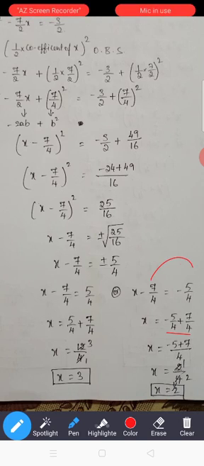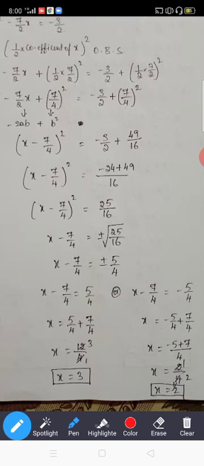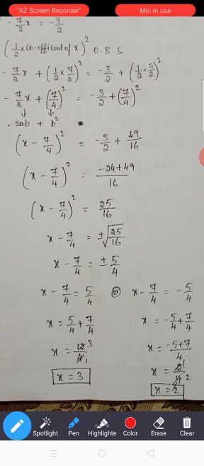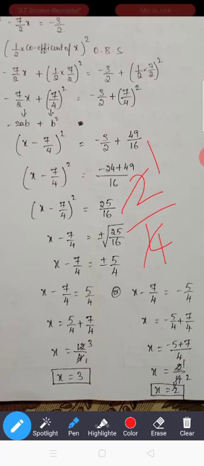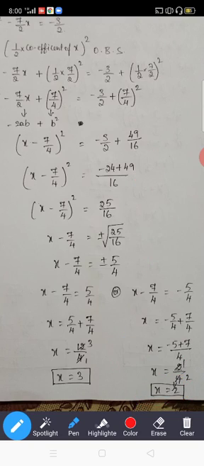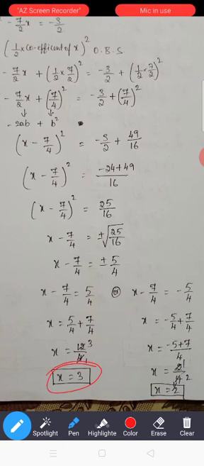The LCM is 4, so minus 5 plus 7 is 2. 2 divided by 4 is 1 by 2. So one root is 3, and the other root is 1 by 2.